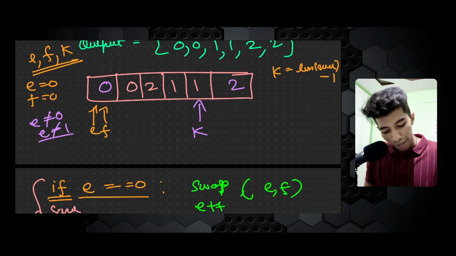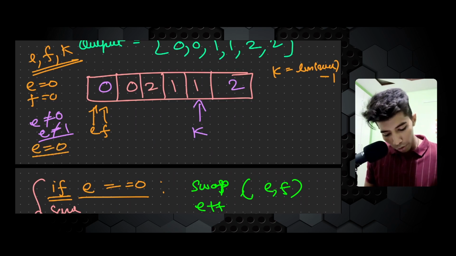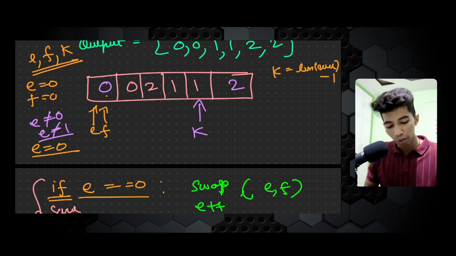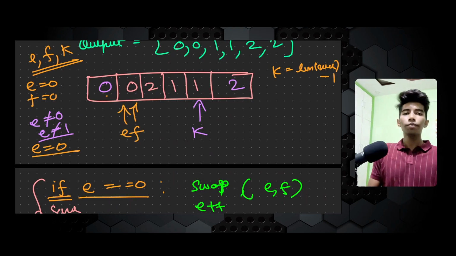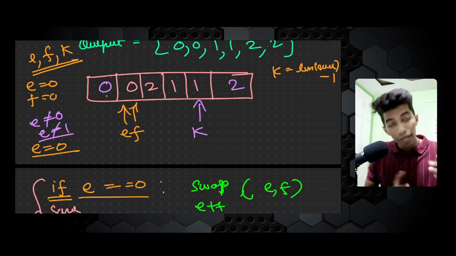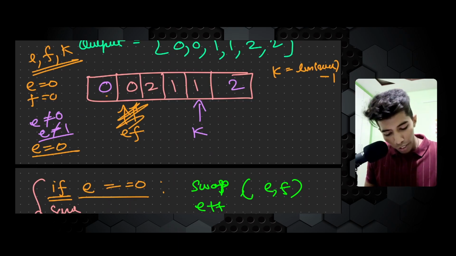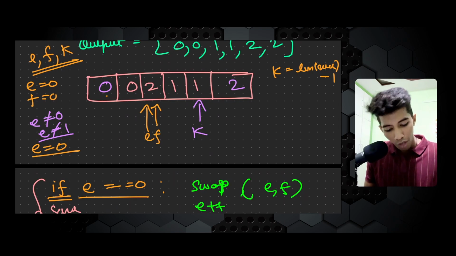Now my E is equal to 0 here, so I will swap, and when I swap, they remain the same because E and F are on the same element, and then they both increment by 1. I will erase both of them and they will come over here. Now they are again on 0, so there is no need to do anything; it will go here. Now my E got 2, so I will swap.